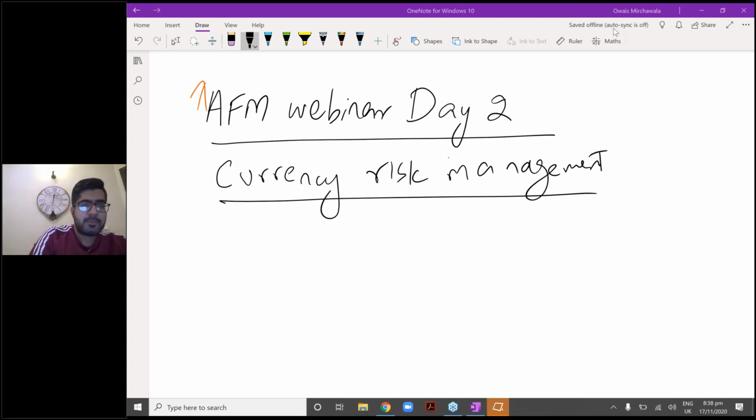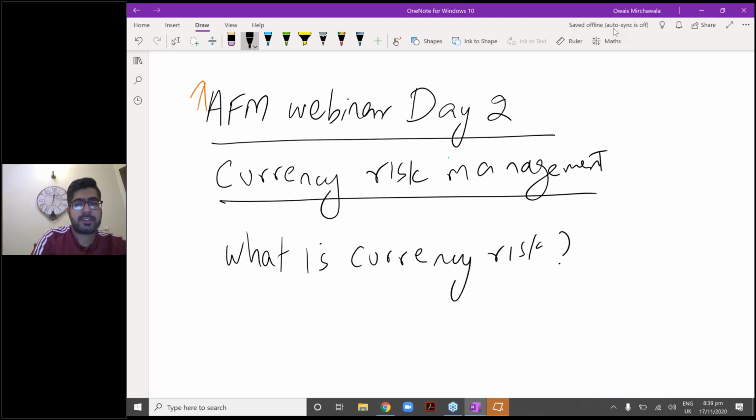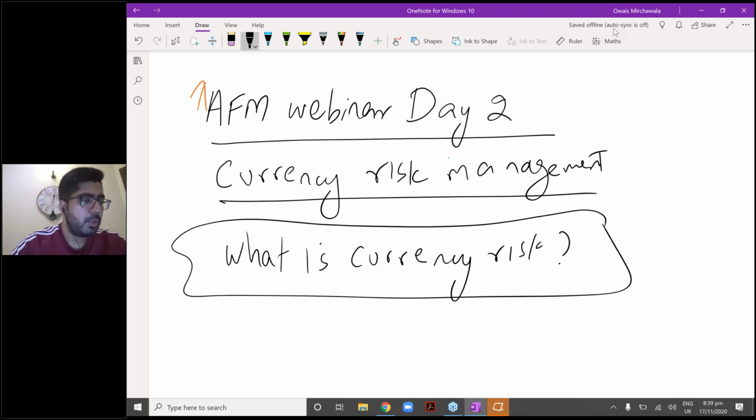Now, when currency risk management is starting, the first thing a student needs to know is what exactly currency risk is. When a student plans to do currency risk management, the first thing he should learn is what exactly currency risk is.